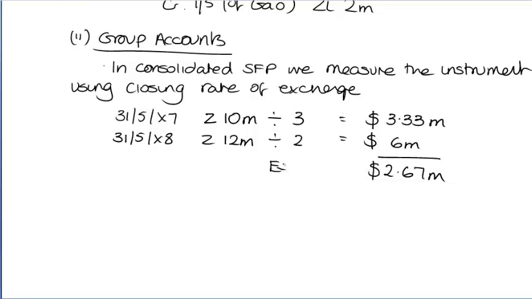So we have an overall gain, not an exchange gain, we've got a gain in value of $2.67 million. Now, can you see we've got a slight problem here? Part of this gain is due to the value of the debt instrument going up, and part of the gain is due to a movement in exchange rates.